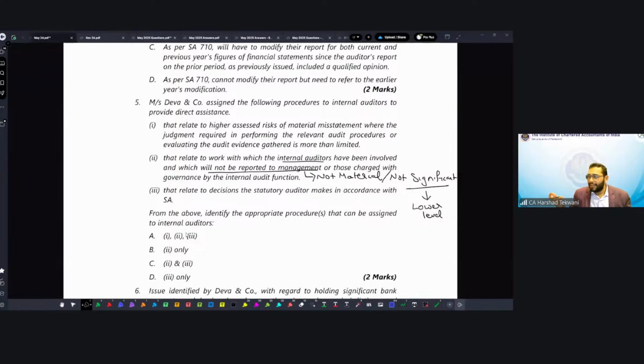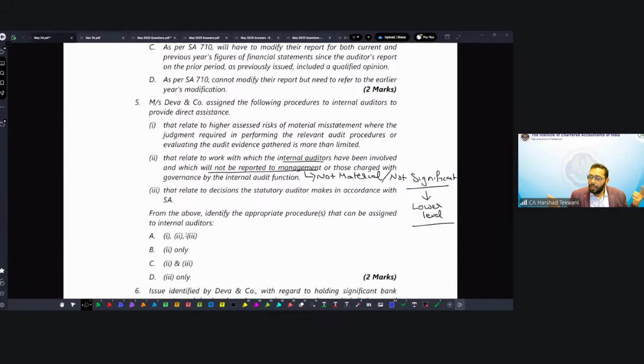If you see in the code of ethics also, if there's a threat to fundamental principles, we talk about applying appropriate safeguards to mitigate the threat to an acceptable level. If there is a lower level threat, I can bring the safeguards and make it acceptable.